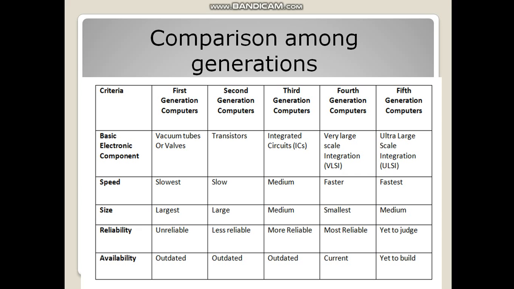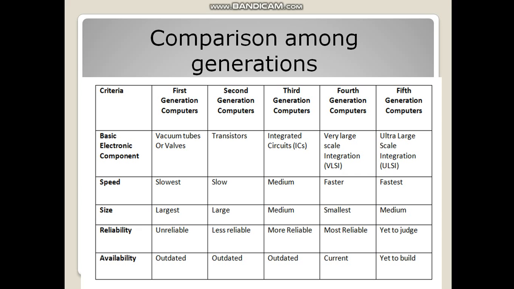Second generation computers used transistors: slow but faster than first generation, large but smaller than first generation, less reliable and outdated. Third generation computers used IC chips made of silicon: medium in speed, medium in size, more reliable as compared to previous generations, and outdated.